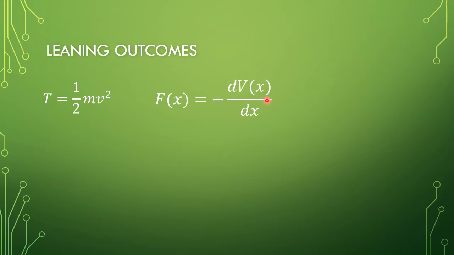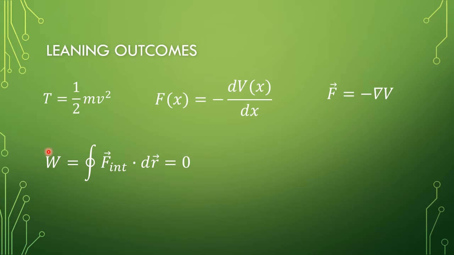But if we wanted to do three dimensions, the way we write it is that if the force is equal to the negative gradient of some potential, then the force has to be conservative or internal to the system, because the curl of a gradient is always zero, if you remember your calculus 3.